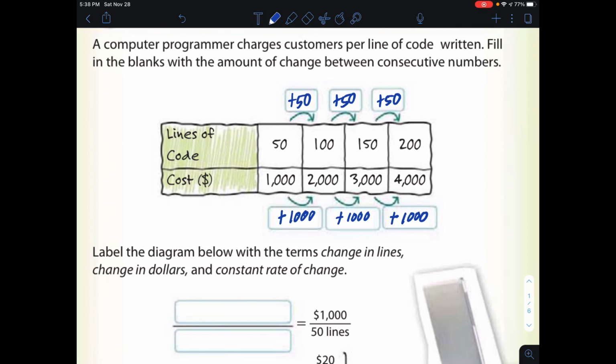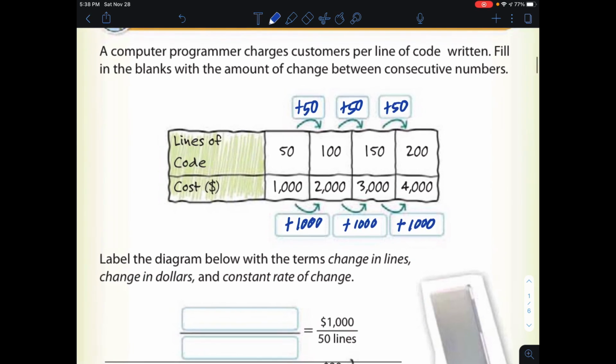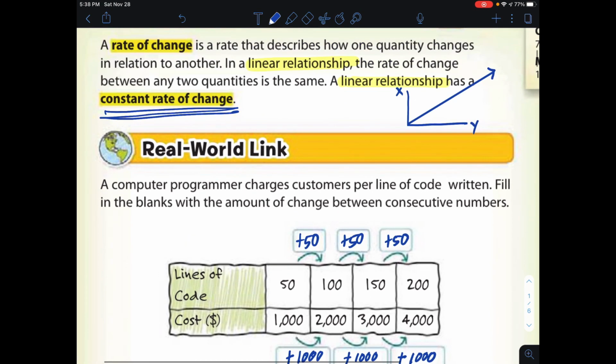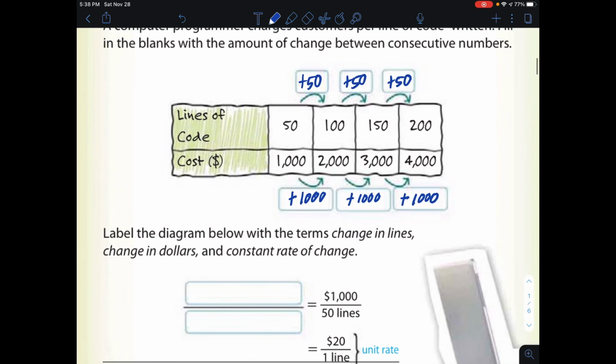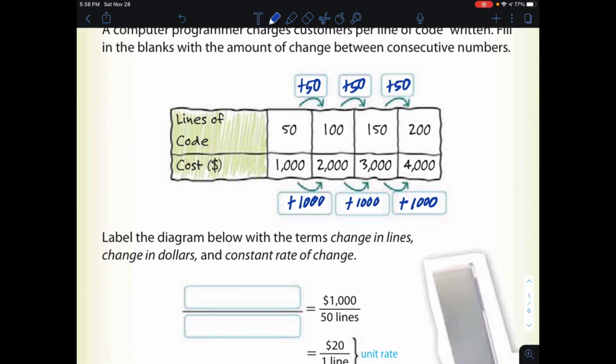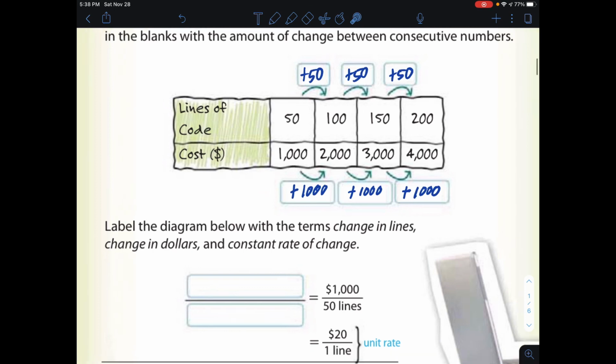Now you can see, when you look at the word constant, constant means same. So you can see right away that the change for the lines of code and the cost are all the same: 50 for lines of code and 1,000 for the cost.